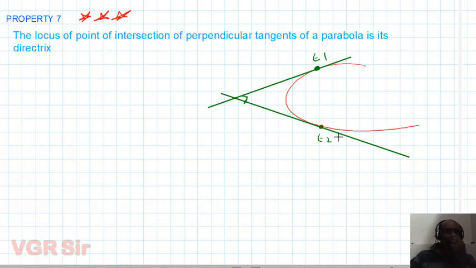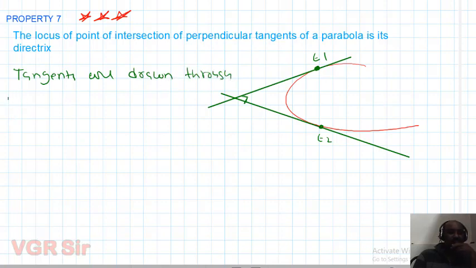Okay, interesting thing is, if they are perpendicular, automatically t1 t2 becomes a focal chord. Tangents drawn through endpoints of a focal chord are perpendicular.